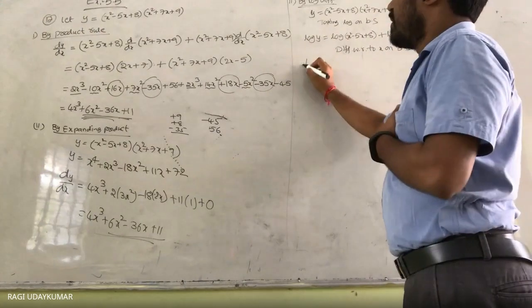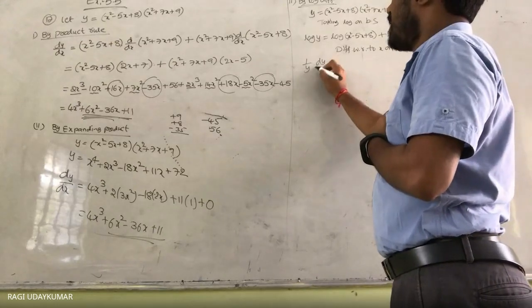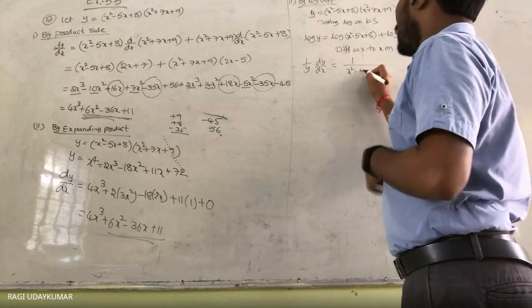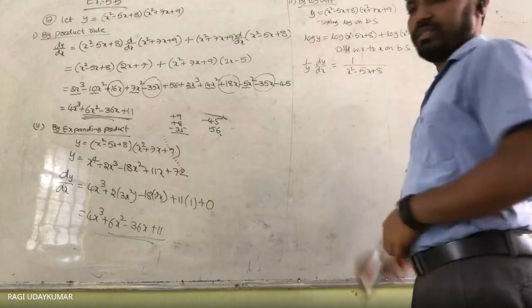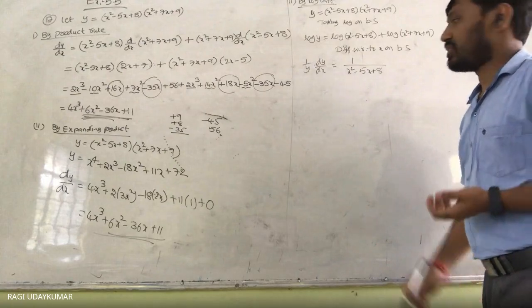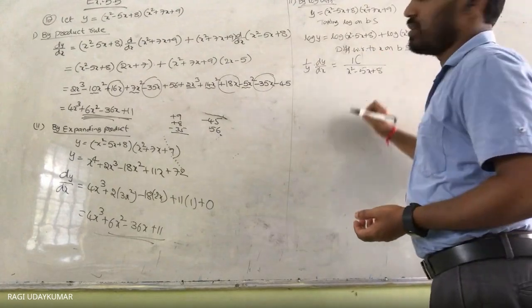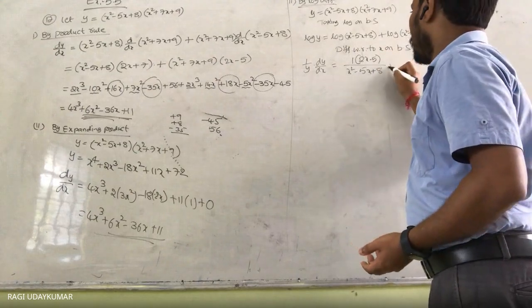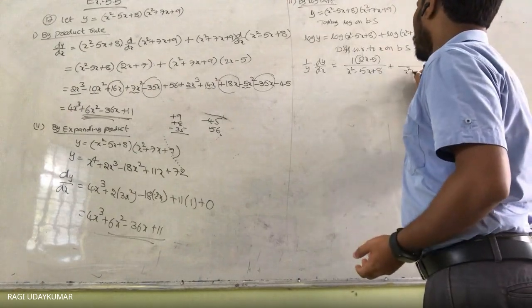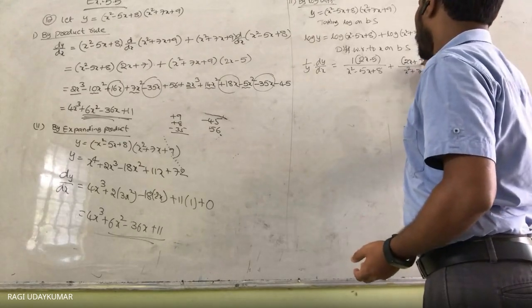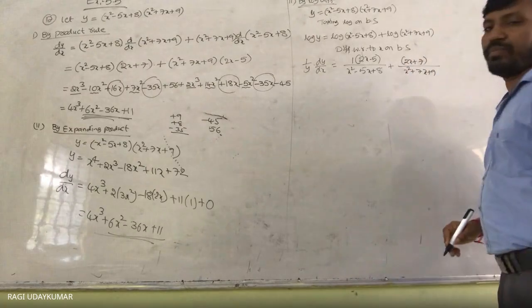So what do you get here? 1 by y dy by dx is equals to 1 by x square minus 5x plus 8, in the numerator, the differentiation of that one, 2x minus 5, plus 1 by x square plus 7x plus 9. The differentiation of the numerator, 2x plus 7.